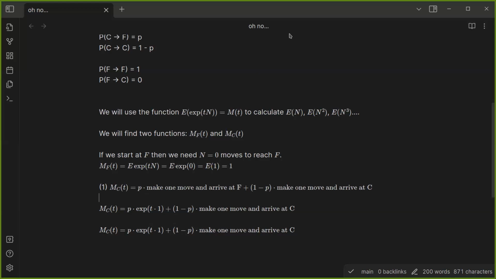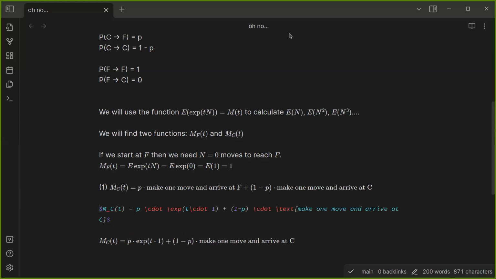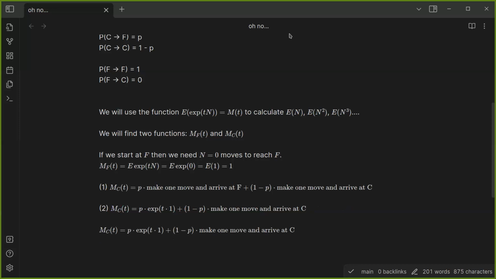With probability P, we will move and arrive at F, or with probability 1 minus P, we make 1 move and arrive at C. Okay? I got it. Okay, so the second equation. If we make one move and arrive at F, then N is equal to 1, because N is the number of steps we do to finish the game. So I just plug in 1 in the expected value of the exponent.